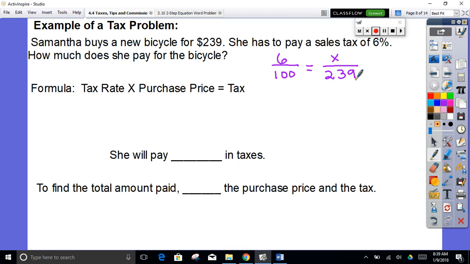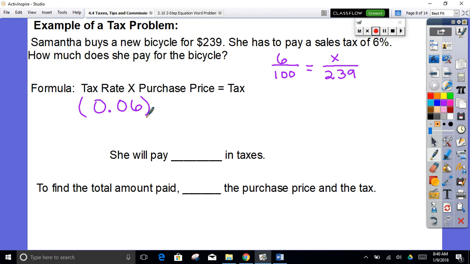And you can do all of your percent problems this way, but I'm going to show you a shortcut. Since we're going to be multiplying these two numbers together and then dividing by 100, what you can do is essentially divide by 100 first, and you can use the percent as a decimal. So if the tax rate is 6%, you can change that to 0.06. Remember, we did percents as decimals.